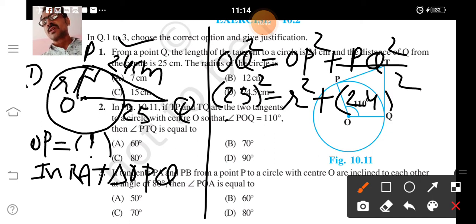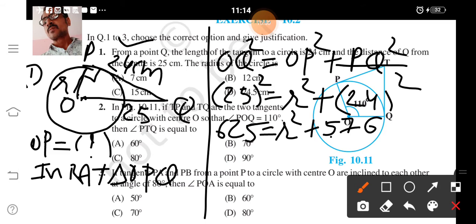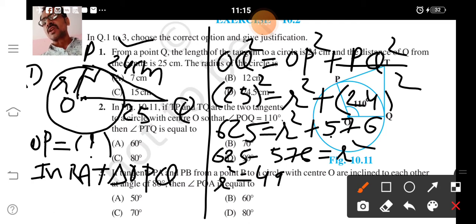25 square, 625, equals R square plus 24 square, 576. Now I will shift 576 toward the left hand side. I will get 625 minus 576 equals R square. So R square will be 49.